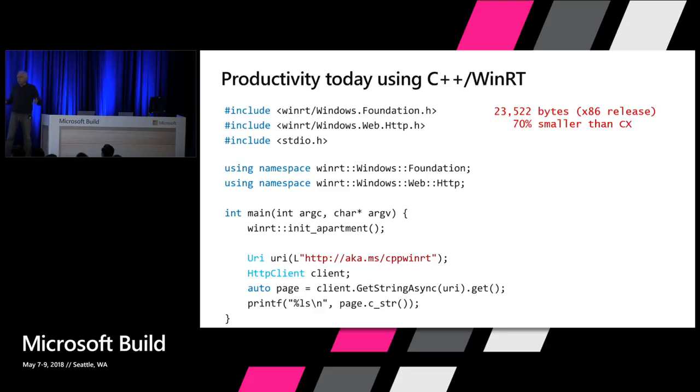They produce a lot of overhead when you instantiate all the templates. A more typical result we've seen again and again: if you take a standard CX app and you change it to C++ WinRT, it has some PPL because it uses some async functions, you get about a 30% reduction in size.